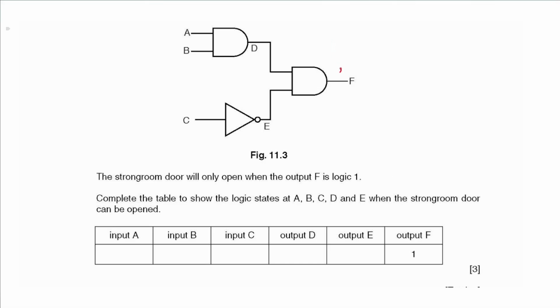So if this is 1 and we have an AND gate here, the two inputs of the AND gate must be 1, so D and E must be high or 1, and 1 coming from an AND gate at the top here, the inputs A and B must also be 1, so A is 1 and B is 1, and 1 coming from a NOT gate, that means that the input C is 0, because a NOT gate reverses the input.